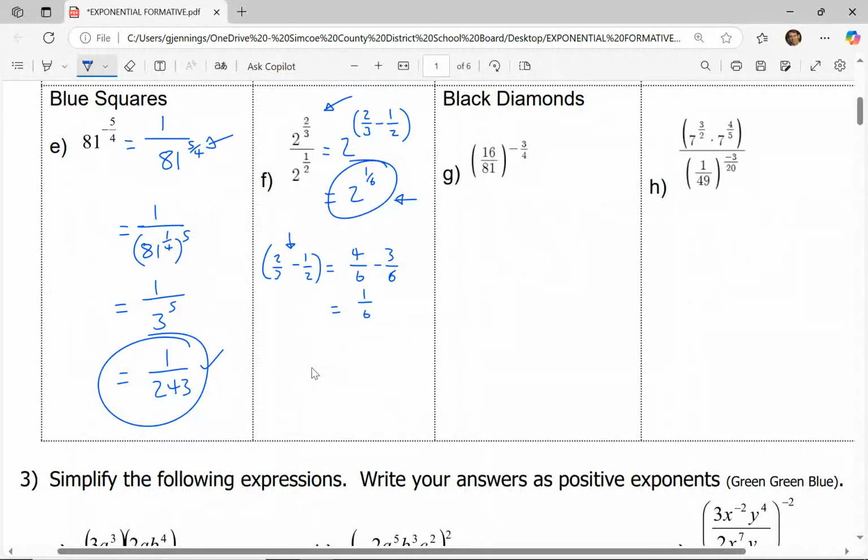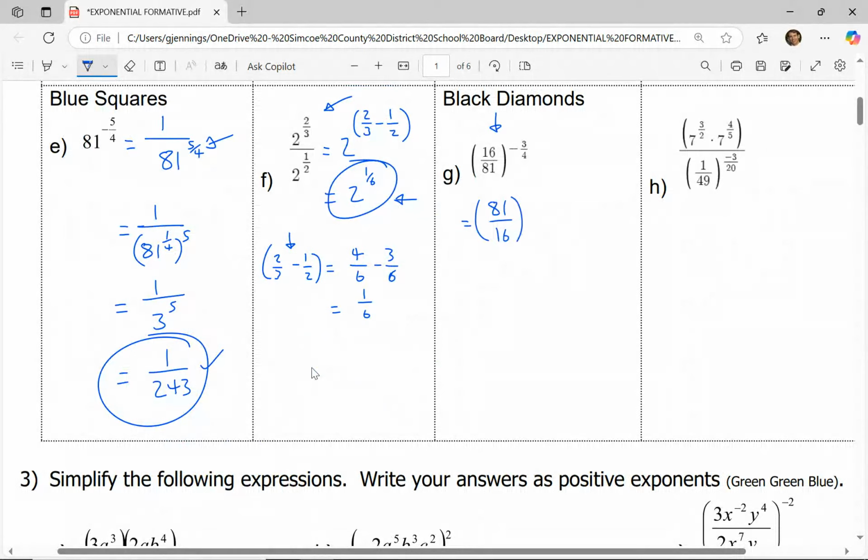Okay, let's keep going. This one here is a black diamond because it has just all the things. First, we're going to do the negative exponent. So that flips the fraction, basically, to the 3/4. Also split that apart, so that's like 81 to the 1/4 over 16 to the 1/4, all to the 3.